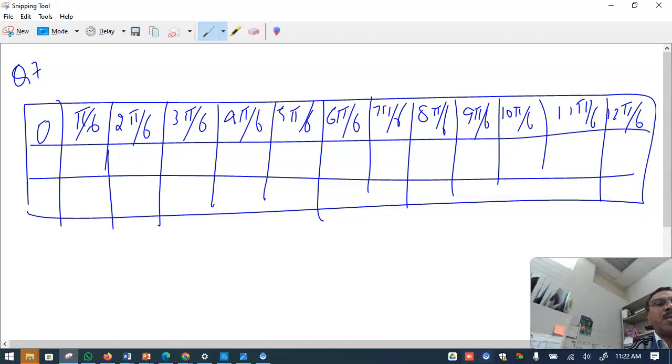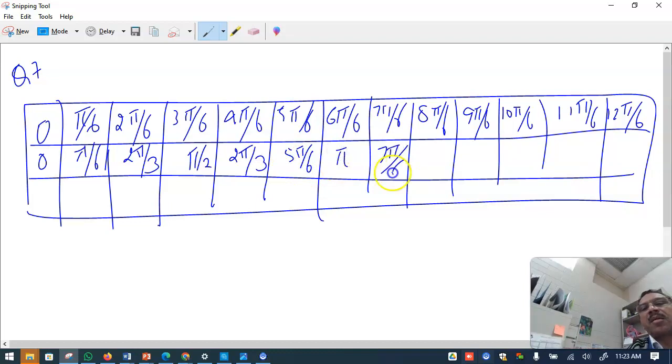Okay. And then I want you to make sure we get this. It is pi by 6, so pi by 6 stays pi by 6. This is 2 pi by 6, which is pi by 3. And this is pi by 2. This is 2 pi by 3. This remains 5 pi by 6. This is pi, then 7 pi by 6.